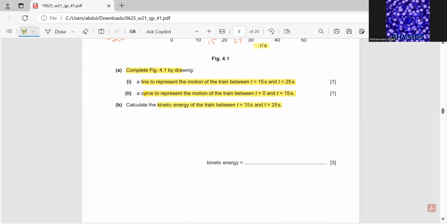Calculate the kinetic energy of the train between 15 seconds and 25 seconds. Speed is 20 meters per second. Mass of the train is given. So just place the values into the equation.